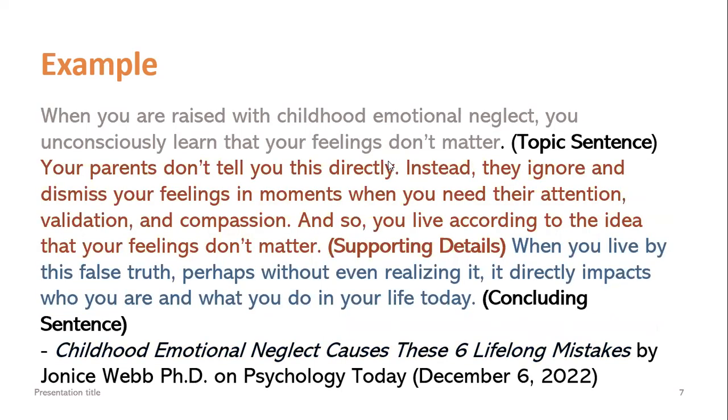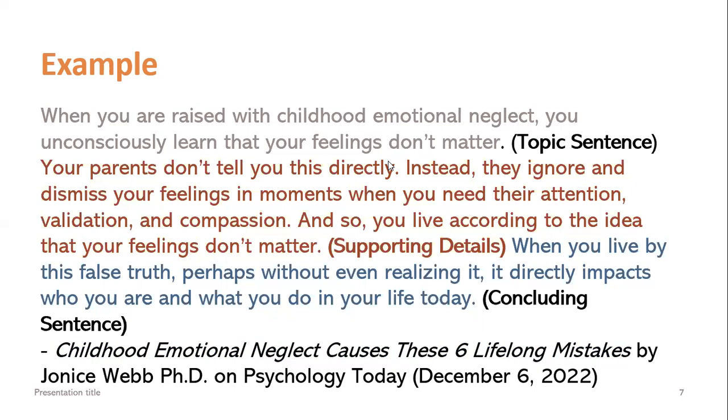Now, from this example paragraph, we see that, yes, the topic sentence is the very first sentence in the paragraph: when you're raised with childhood emotional neglect, you unconsciously learn that your feelings don't matter. So this is the entire idea of this paragraph. And then the supporting details are there.